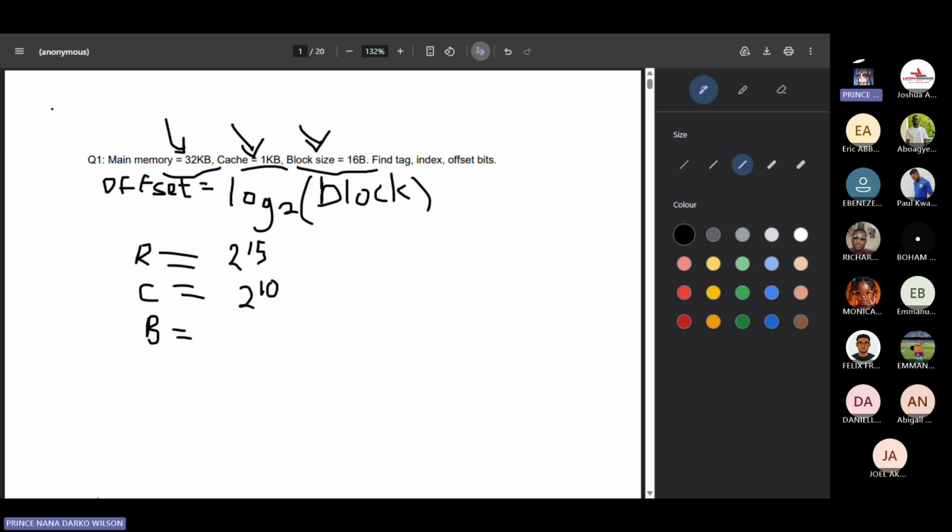16 bits is equivalent to, what will 16 bits be equal to? I think we looked at it in our previous lesson, so someone should join, share with us.